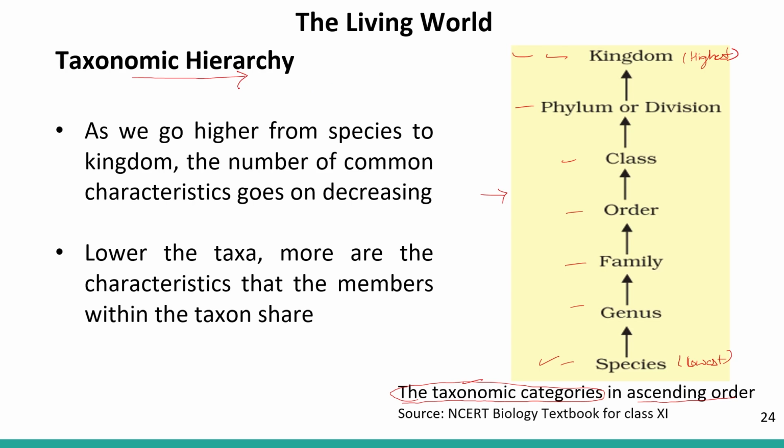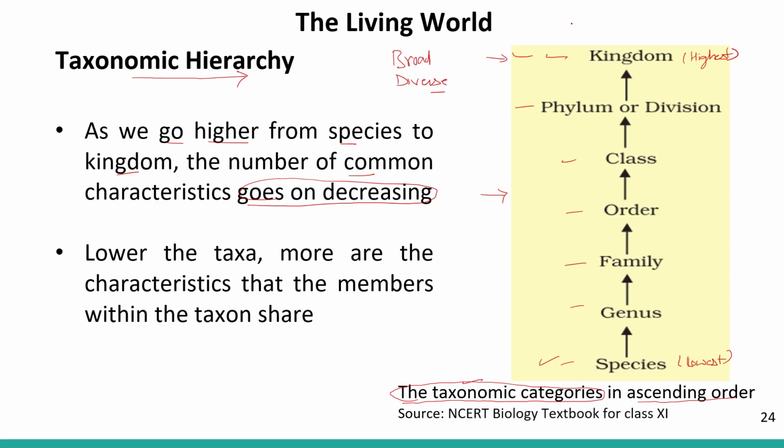All right. Now, another thing to remember is that as we go higher from species to kingdom, the number of common characteristics goes on decreasing. This you have to remember. Now, kingdom, you can say it is a very broad group, it is very diverse.